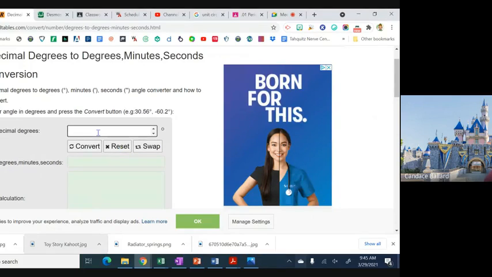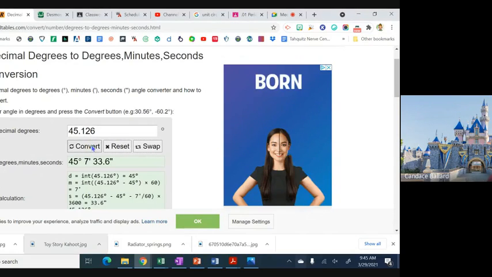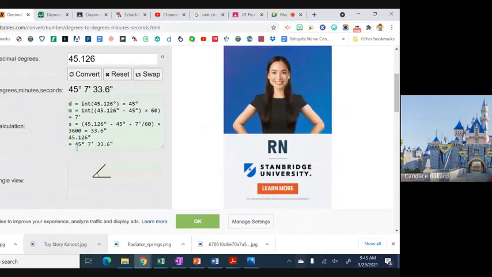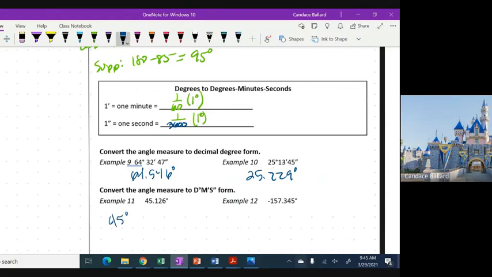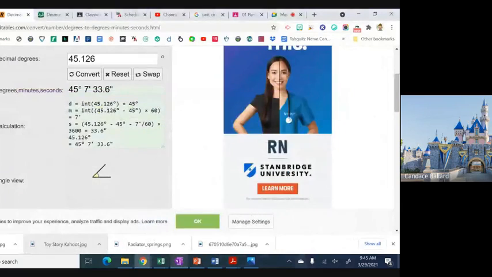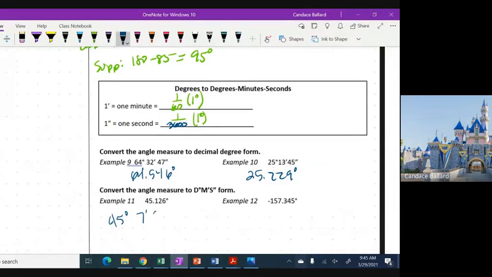So it's 45.126. And I'm going to hit convert. And then the final degrees, minutes, seconds is here. So 45 degrees, 7 minutes, 33.6 seconds. So we would write down 45 degrees, 7 minutes, 33.6 seconds.